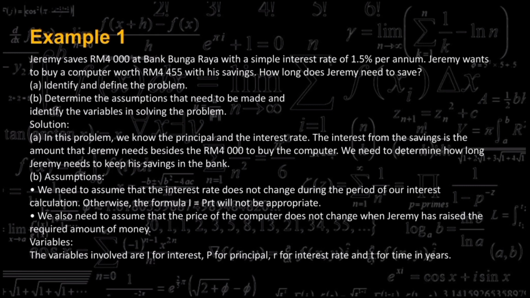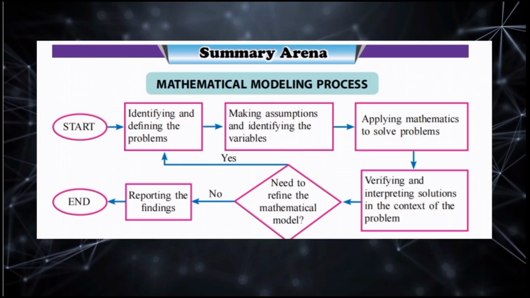The variables involved are I for interest, P for principal, R for interest rate, and T for time in years. This is the mathematical modeling process.